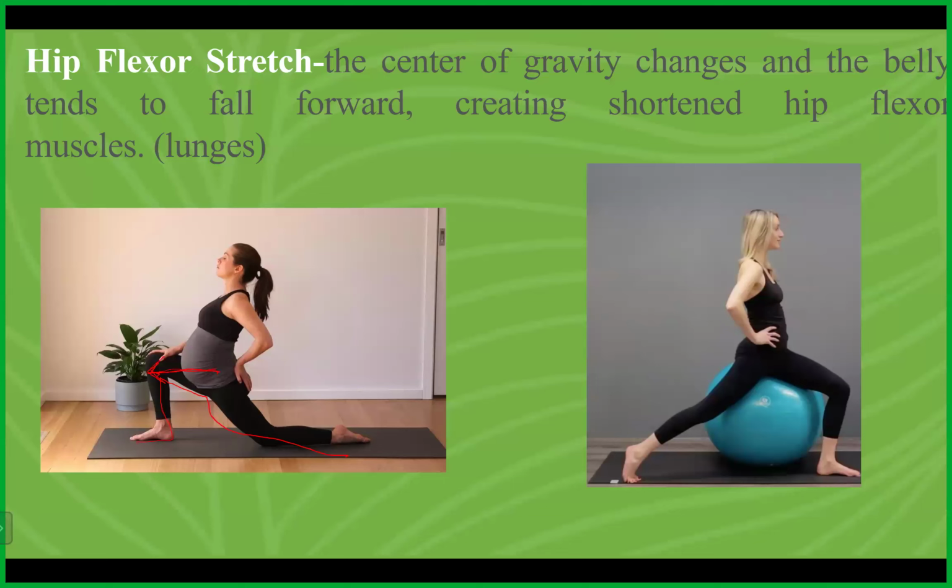Again, hip flexor stretch is important because shortening will happen as the center of gravity changes. Some ladies complain of lower limb radiculopathy and sciatica-like pain. So what can we do? We can do a piriformis stretch. We can't go and do traction in this case, right?